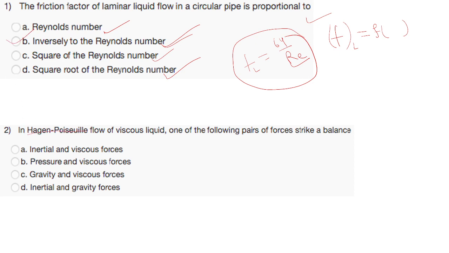In Hagen-Poiseuille flow of viscous liquid, which one of the following pairs of forces strikes a balance: inertial and viscous force, pressure and viscous force, gravity and viscous force, or inertial and gravity force? Hagen-Poiseuille flow. Just please think on that.